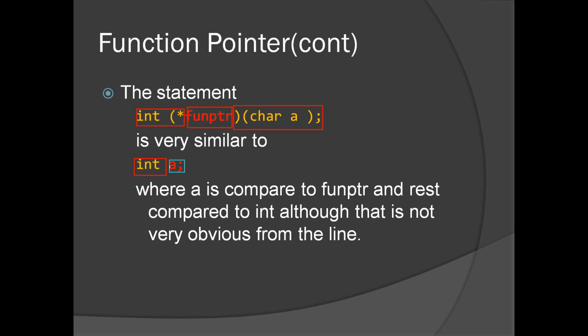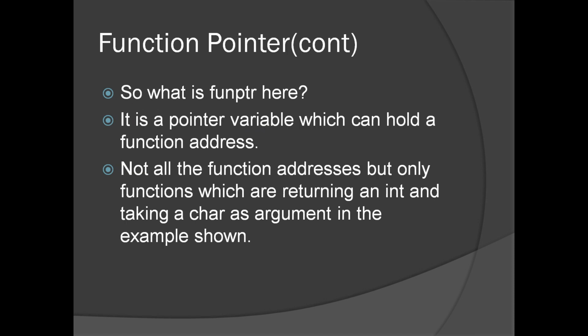It's not very obvious from the syntax. The yellow part is exactly similar to the yellow part here. It's just like int a, this entire statement. In the previous example, what is funptr here?